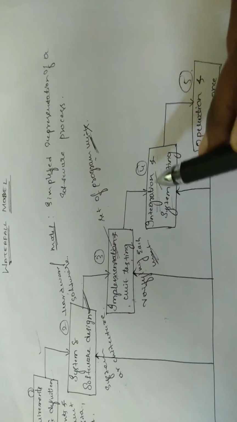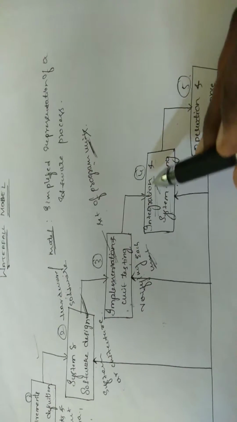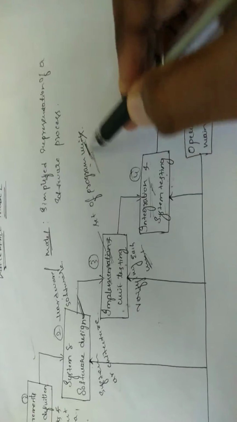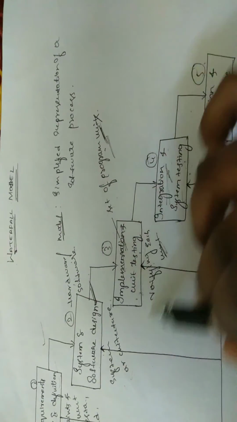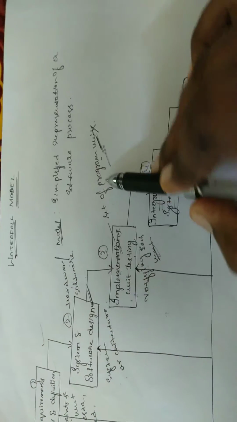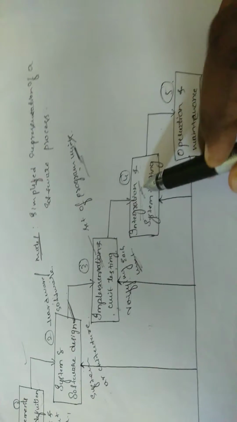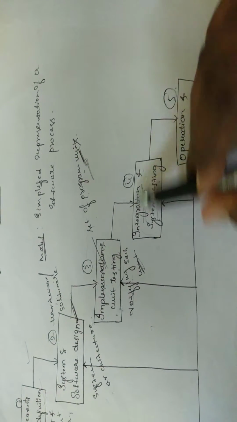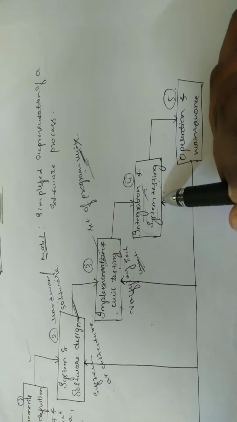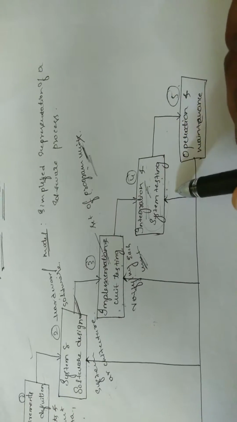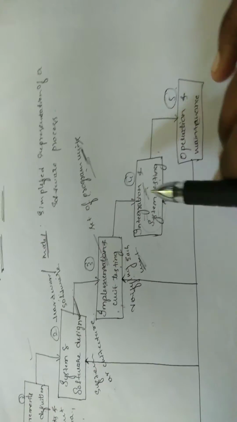Integration: the program units which we have implemented in the third phase, we have to integrate and test as a complete system to ensure that the software requirements have been met or not.